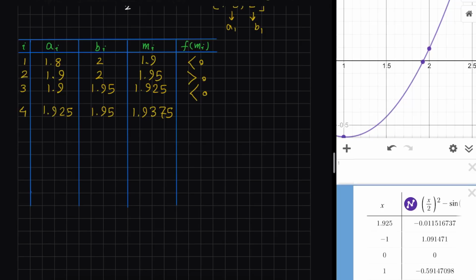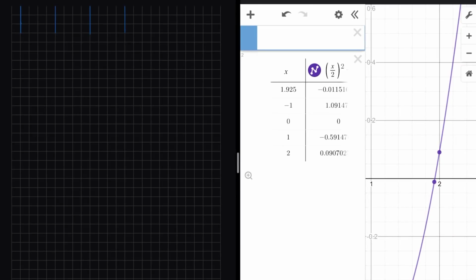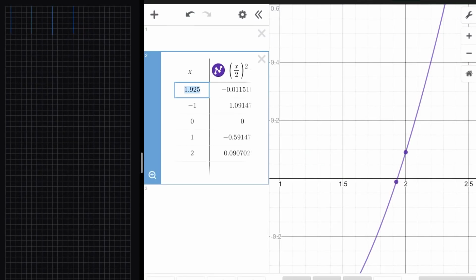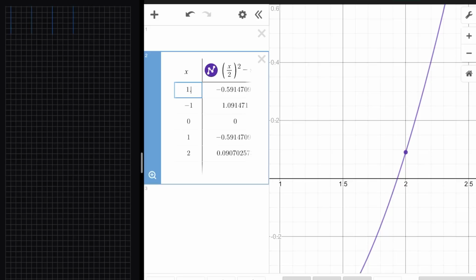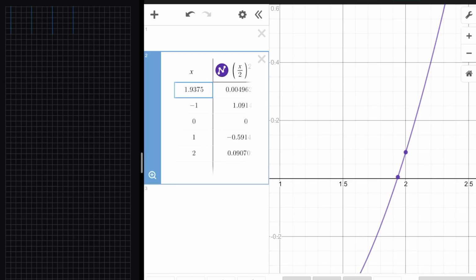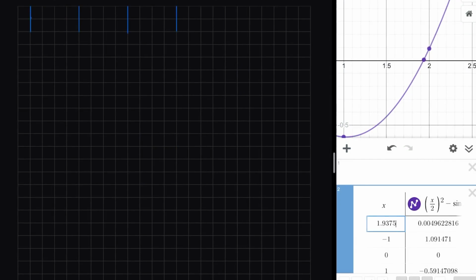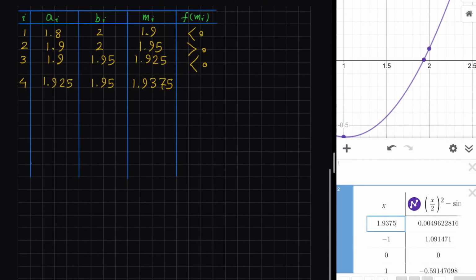Let's look at the sign of f(x) at this point. 1.9375. Okay, it is positive. It is 0.00496. So it's going to be replaced by the second limit.